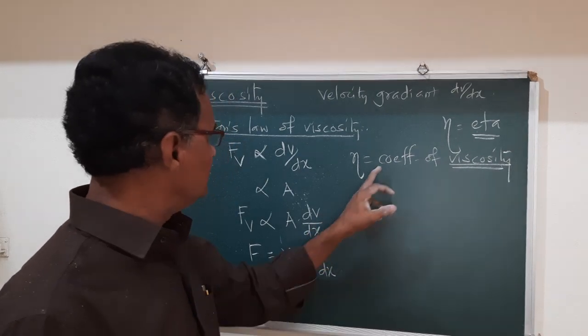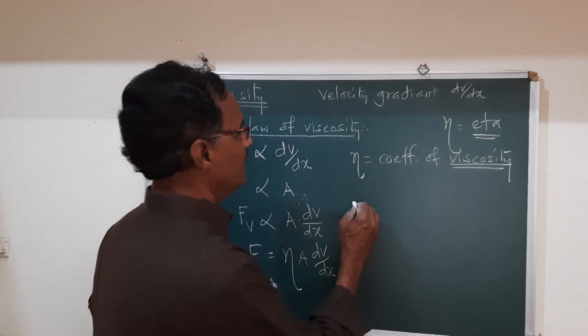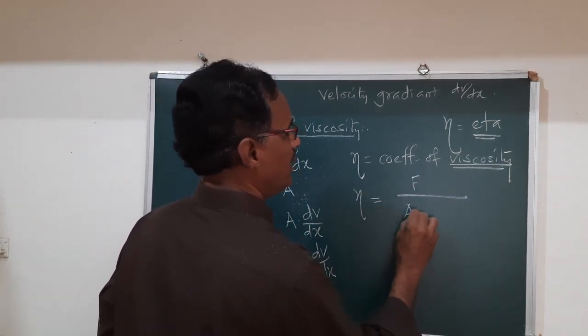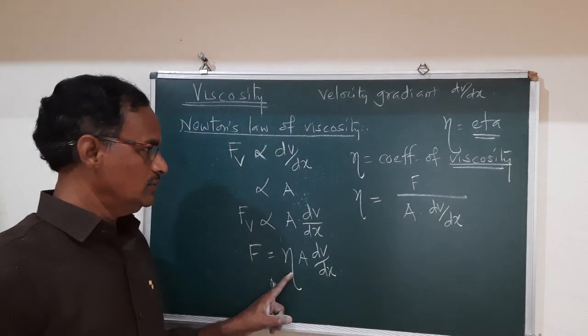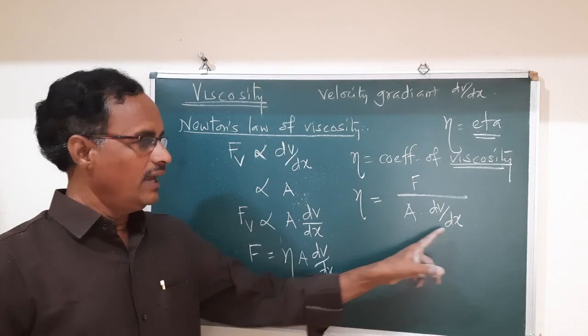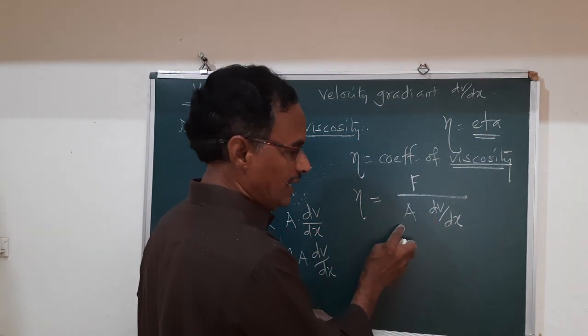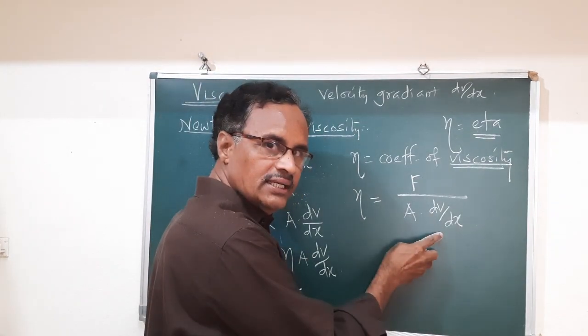Now eta is the coefficient of viscosity, and we can rearrange this equation for eta. Eta is equal to F upon A into dV by dx. Here F is the viscous force, A is the area of cross section of the flow tube, and dV by dx is the velocity gradient.